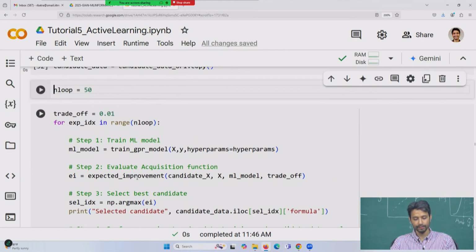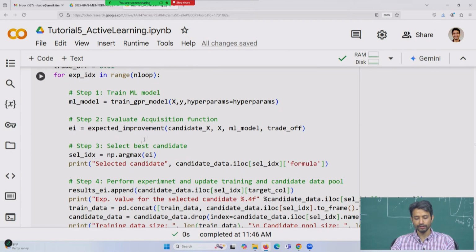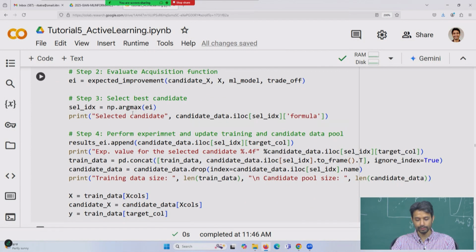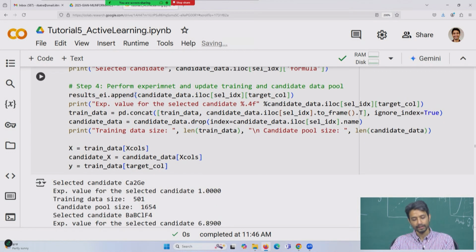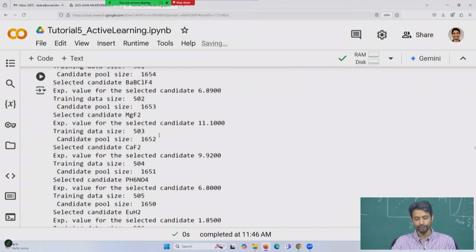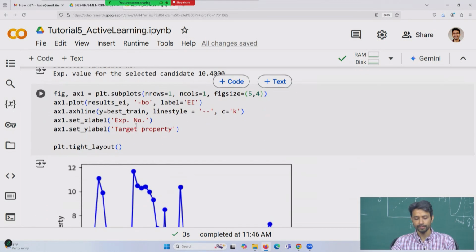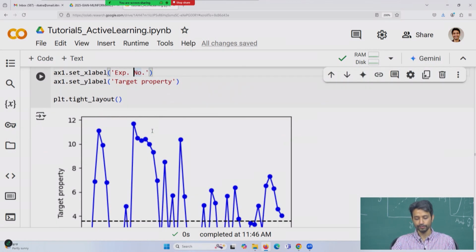You can see step 1 was training the model, step 2 evaluate expected improvement, step 3 is select the best candidate based on expected improvement. Then you perform the experiment, update your training and candidate dataset. So every loop it is telling me which candidates are selected.